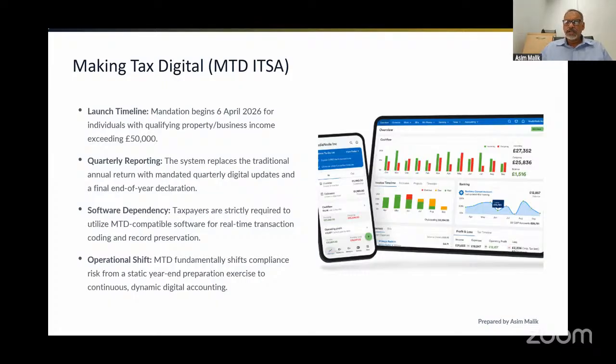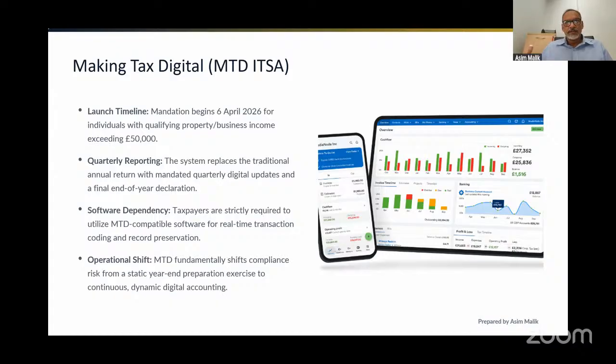Now, just bear in mind, record keeping is not about keeping the invoices or bills or receipts or bank statements. You can still keep those in paper format. You can still keep the information in digital format. It's the transactions which are recorded.